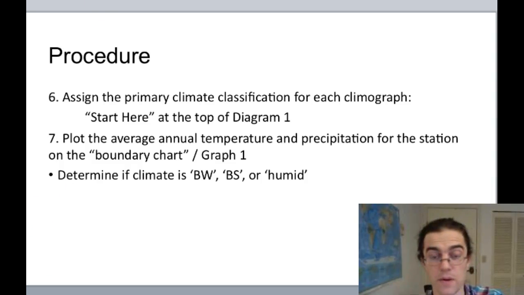Then I'm going to assign the primary climate classification for each climate graph. Start here at the top of diagram 1. You'll see that both embedded in the lab and as a separate file you can use. We plot the average annual temperature and precipitation for the station on the boundary chart, which is graph 1 as it's labeled in the lab worksheet, and determine if the climate is BW, BS, or humid.